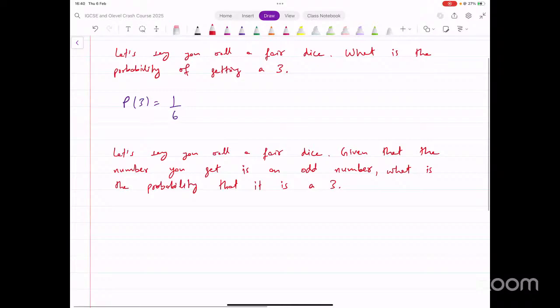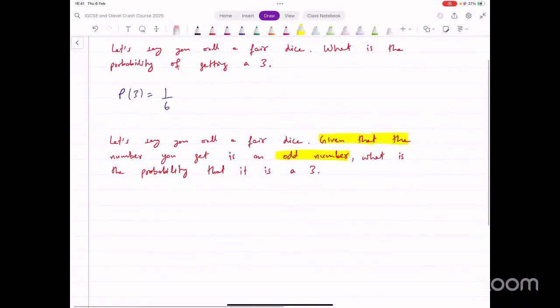So in the first case, we did not have any condition given. We were just asked, what is the probability of getting a 3? And we said that is 1 out of 6. But now we have a condition given, and the condition is given that. So generally, this is the keyword that you would see in conditional probability, given something. So they're saying, given that the number that you get is an odd number. So we know that the number that we get is an odd number. What's the probability that it is a 3?